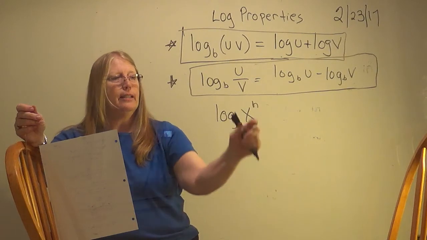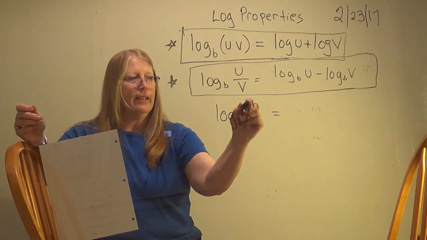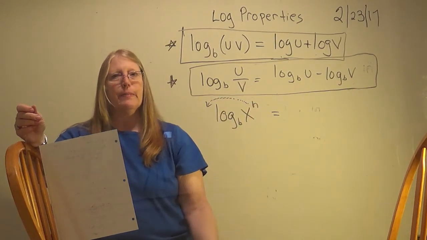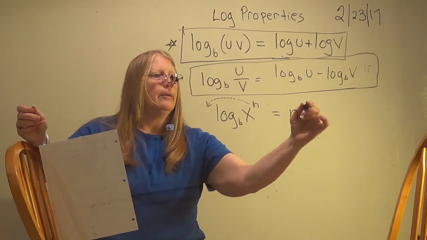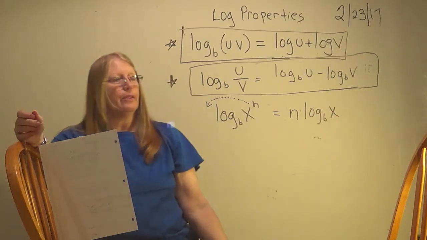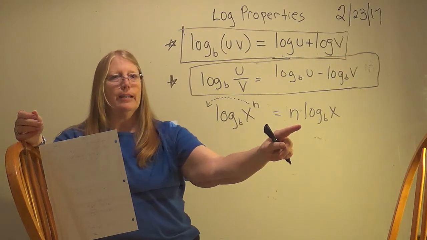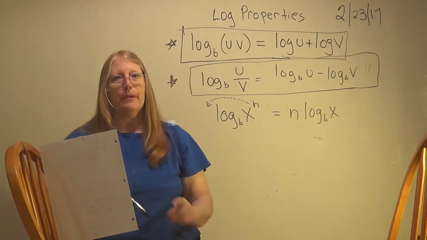So when the argument is raised to the n, that n can run down in front and no longer be an exponent, it can be a coefficient. So it comes out in front and we get this expression. So notice the n was back here as an exponent, now it's in front as a coefficient, no longer up here as an exponent.